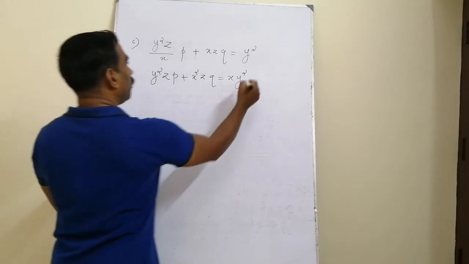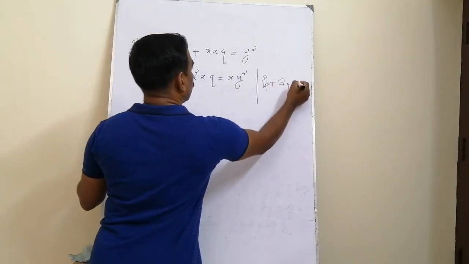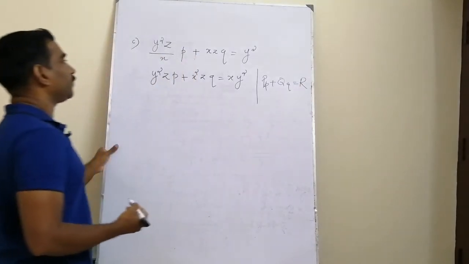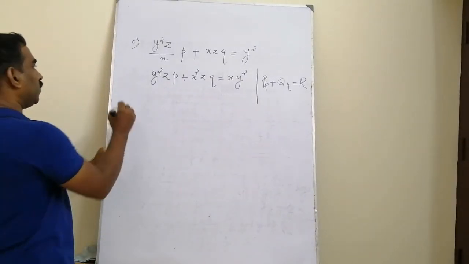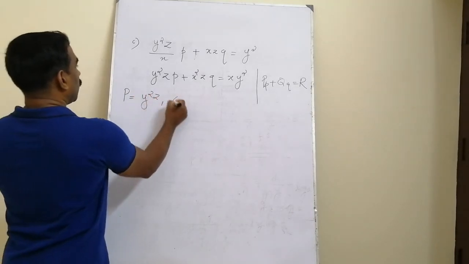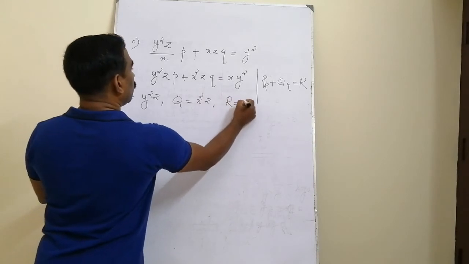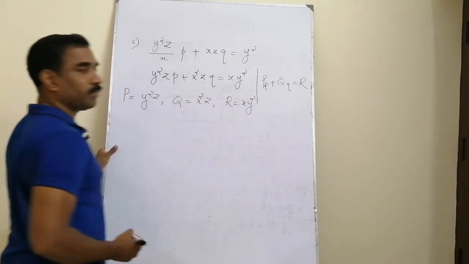Now this is in the form Pp + Qq = R. Comparing with that Lagrange form, here P is y²z, Q is x²z, and R is xy².